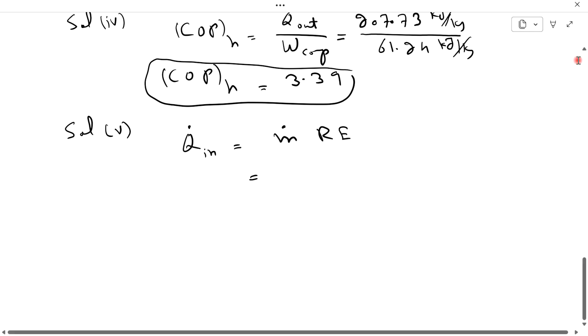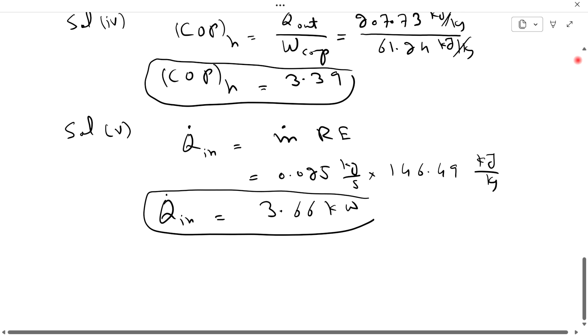The mass flow rate is given as 0.025 kilogram per second and the refrigeration effect is 146.49 kilojoule per kilogram. So Qin is equal to 3.66 kilowatt.